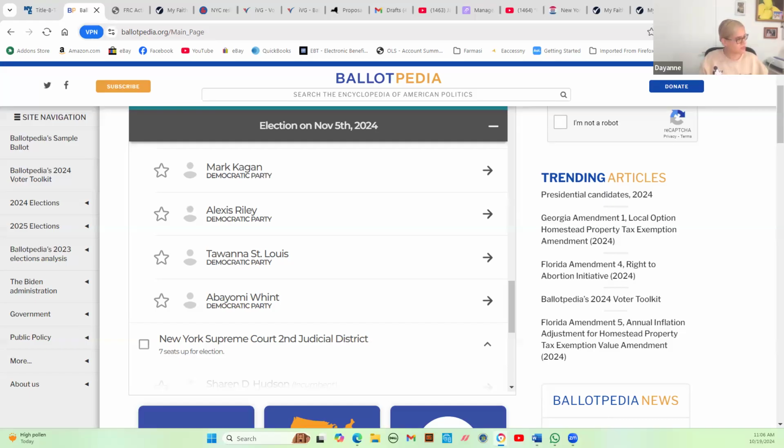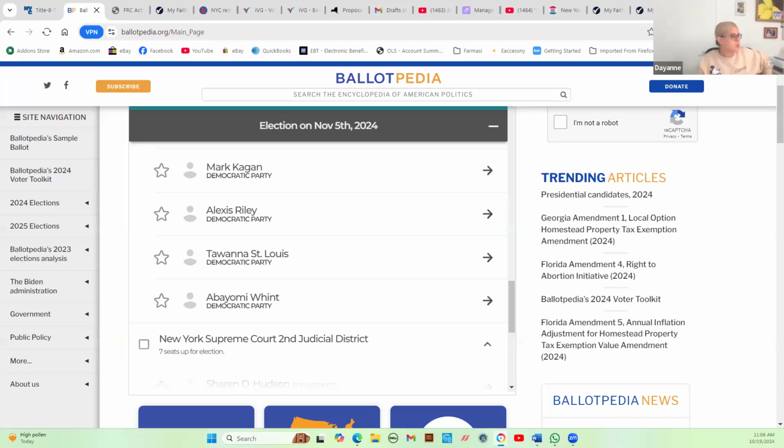So the very first one we see here is New York Proposal 1, Equal Protection of Law Amendment 2024. Let's click on it. So a yes vote supports adding language to the New York Bill of Rights to provide that people cannot be denied rights based on their ethnicity, national origin, age, and disability or sex, including sexual orientation, gender identity, gender expression, pregnancy outcomes, and reproductive health care and autonomy.